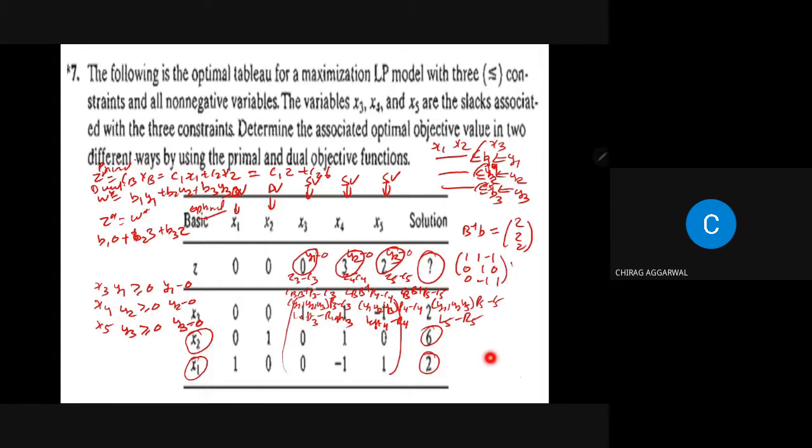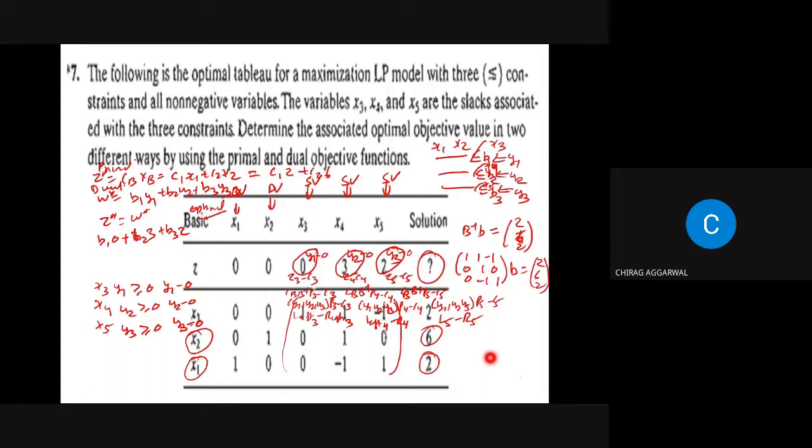That is the B inverse. b is equal to 2 6 2. So from here you will get the B inverse b.